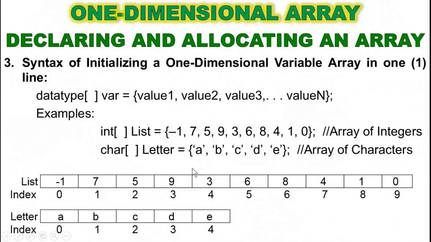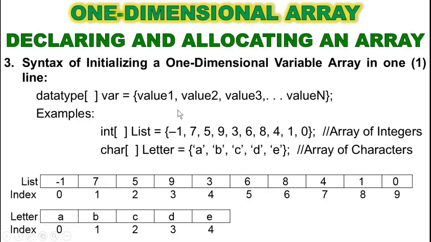Number 3, syntax of initializing a one-dimensional variable array in one line. We can declare an array that already has initial values. In the syntax, we assign a data type followed by empty brackets, followed by the variable name, followed by the equal operator, and then we enclose the initial values of the array within open and end curly braces.